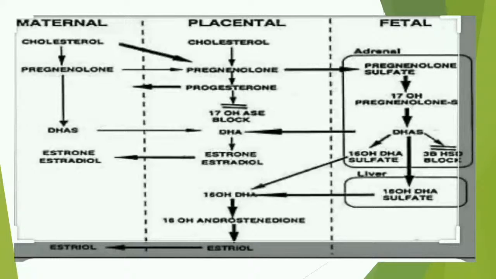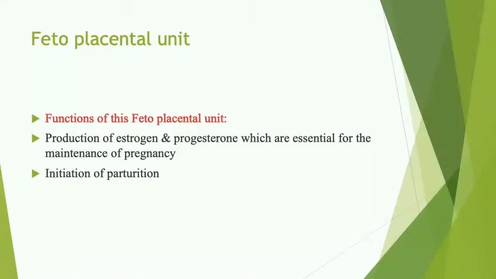It cannot be there in the active form because you have the formation of external and internal genitalia happening in the growing fetus. So it gets converted into its sulfate form. And this sulfate form, due to the presence of sulfatase enzyme, is removed and DHEA and hydroxy DHEA form estrone, estradiol and estriol, which is then released to the mother.